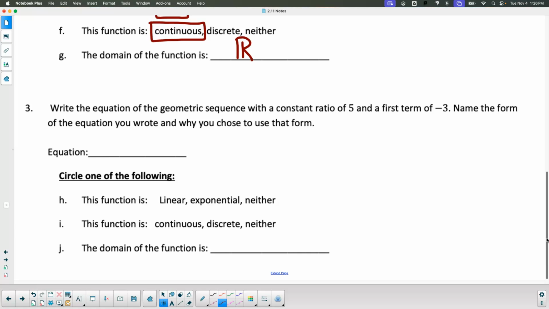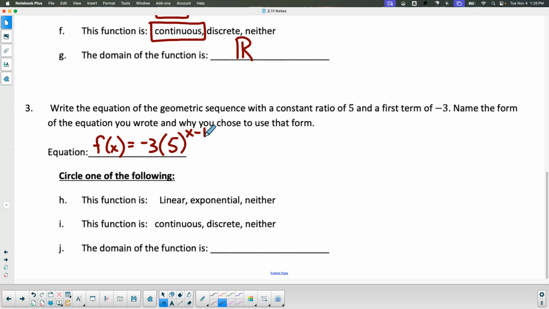Do you want to use y or function notation? Function notation. What do you want to name your function? F of x equals -3 times 5 to the power x minus 1.